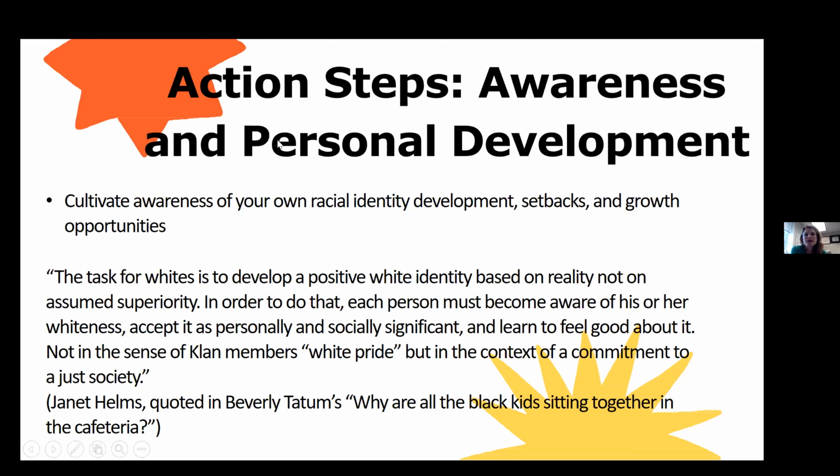So next, these are some action steps more for awareness and personal development. One, the basic one that we've been talking about is cultivate your own awareness, right? Identify the stages and behaviors.